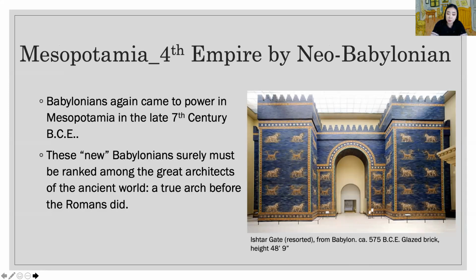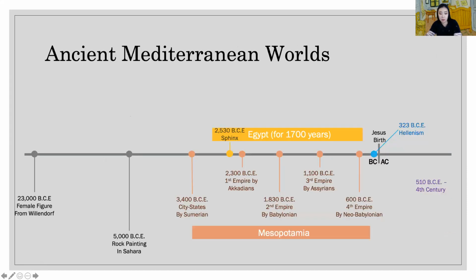These Neo-Babylonians surely must be ranked among the great architects of the ancient world. They developed a true arch before the Romans did and were masters of decorative design for architecture. And now let's see Egypt.